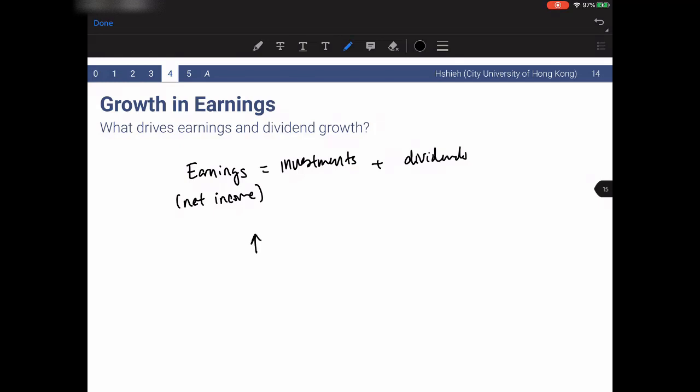So that's the intuition that I'm trying to introduce here, and we eventually want to model this mechanism directly into our dividend discount model. Increases in investments are going to lead to increases in G. We eventually want to model this channel into G and show you how that's going to determine the stock price.